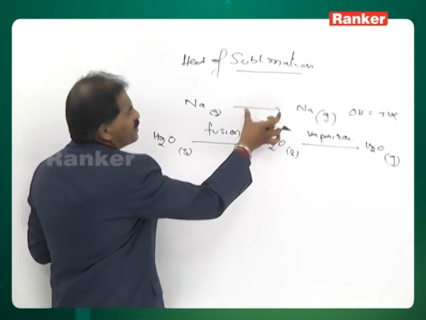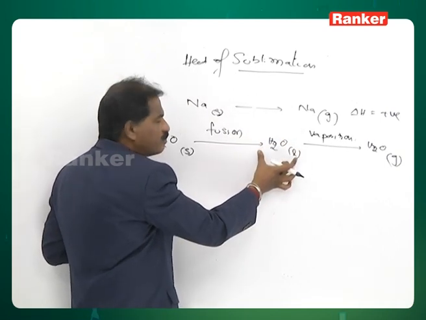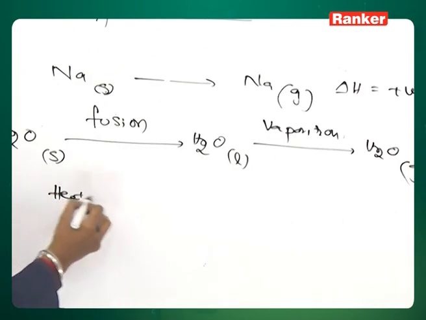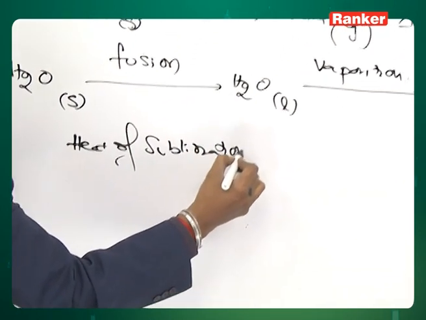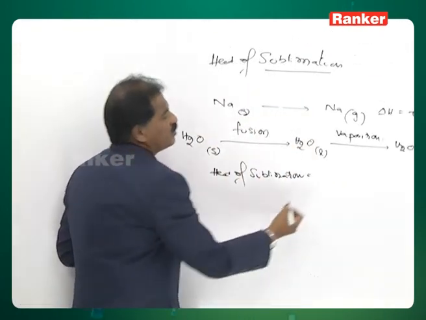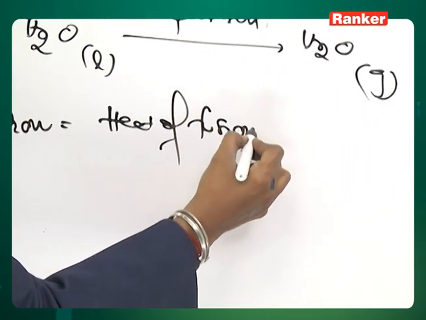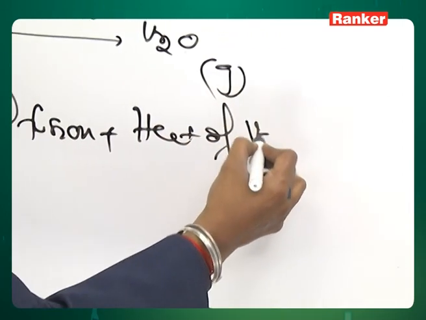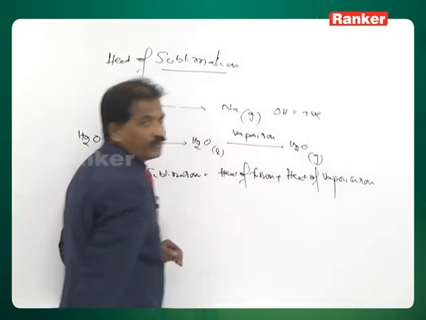Therefore, if some amount of energy is absorbed here, the same amount of energy must be absorbed here also. Therefore, the heat of sublimation is equal to heat of fusion plus heat of vaporization.